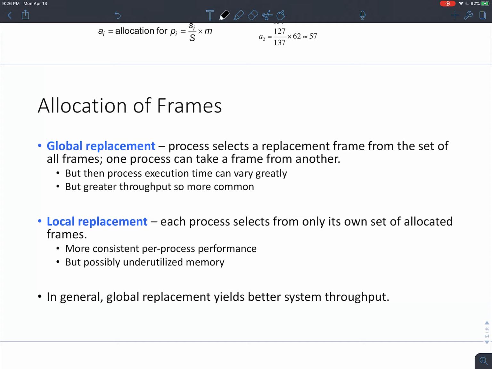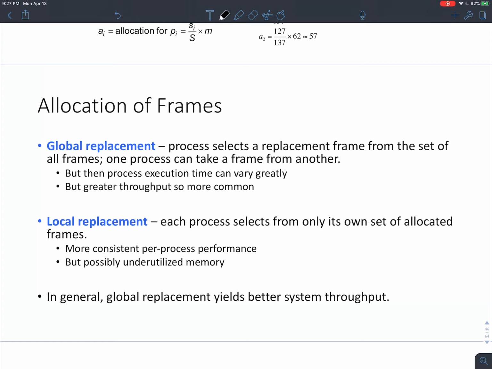Okay, and also there are 2 other replacement algorithms in terms of frames. The first one is called global replacement. It means that when we want to kick out one frame, we are free to choose the frames from all processes to kick out.